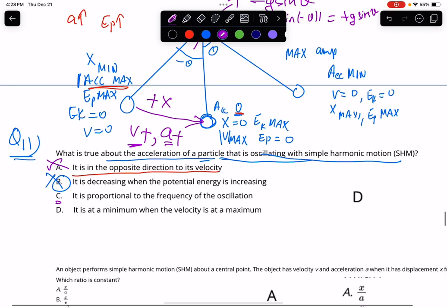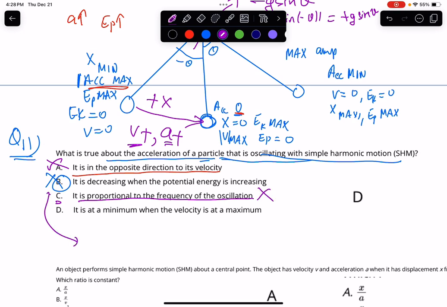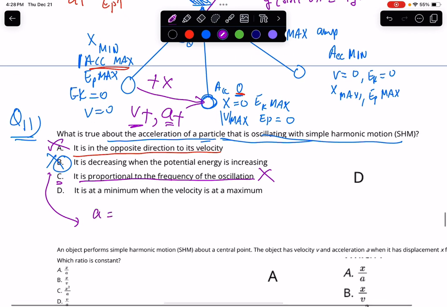Now for C, they're saying that it is proportional to the frequency of the oscillation. So this one is wrong. And the reason is because we derived that acceleration is negative omega squared x. And we also saw that the acceleration is negative k by m times x.